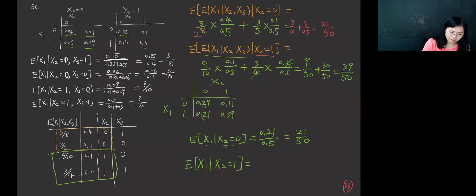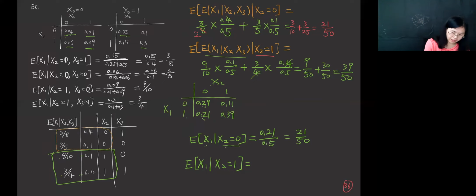1. So that should be 0.39 times 1 plus 0.11 times 0, which should just be 0.39, and then divided by the marginal of x2 at 1. So it's the sum of these two numbers, which is also 0.5.